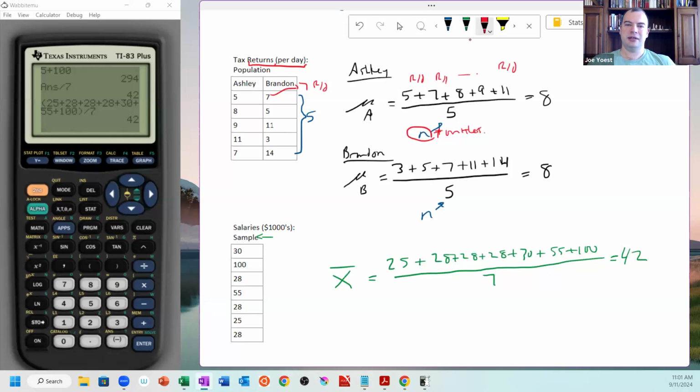If I have 3 pounds of stuff and add 5 more pounds of stuff, I have 8 pounds of stuff. So when I add stuff with the same unit, it keeps that same unit. And then when I divide by a unitless quantity, I keep the same unit. My mean is in the same units as the original data.